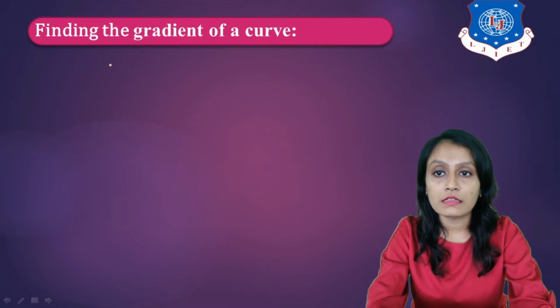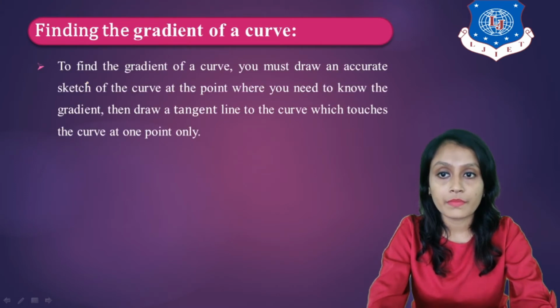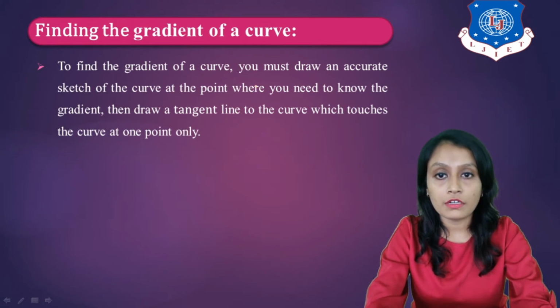Now let's learn the ways to find the gradient of a curve. To find the gradient of a curve, you must draw an accurate sketch of the curve at a point where you need to know the gradient, and then draw a tangent line to the curve which touches the curve at one point only.